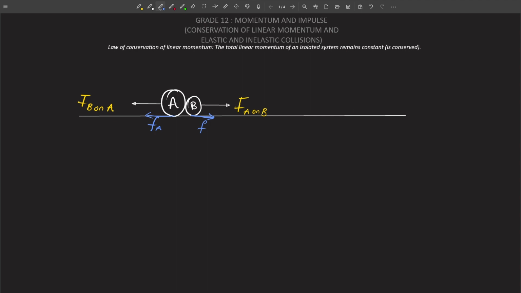This is friction experienced by B, and this is friction experienced by A. One is friction and the other is the force due to the actual collision. Always keep this in mind. During a collision, object A exerts a force on object B, and according to Newton's third law, object B exerts an equal force on object A in the opposite direction, as I've indicated here.